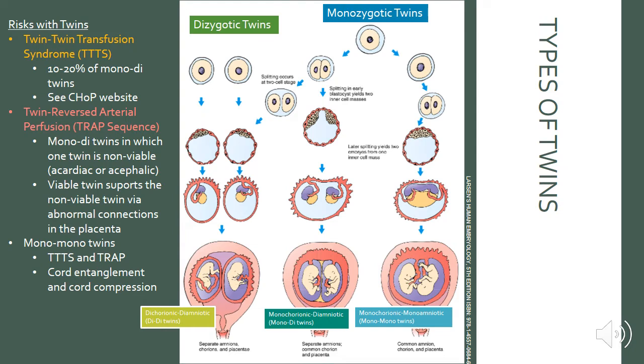Now, I will point out that dizygotic twins and monozygotic twins can have dichorionic diamniotic or di-di setups. So just because twins are di-di doesn't guarantee that they're dizygotic, although usually they are. And for what it's worth, because there are some folks out there who just haven't made this connection, I thought I'd point it out. Identical twins are always the same sex.